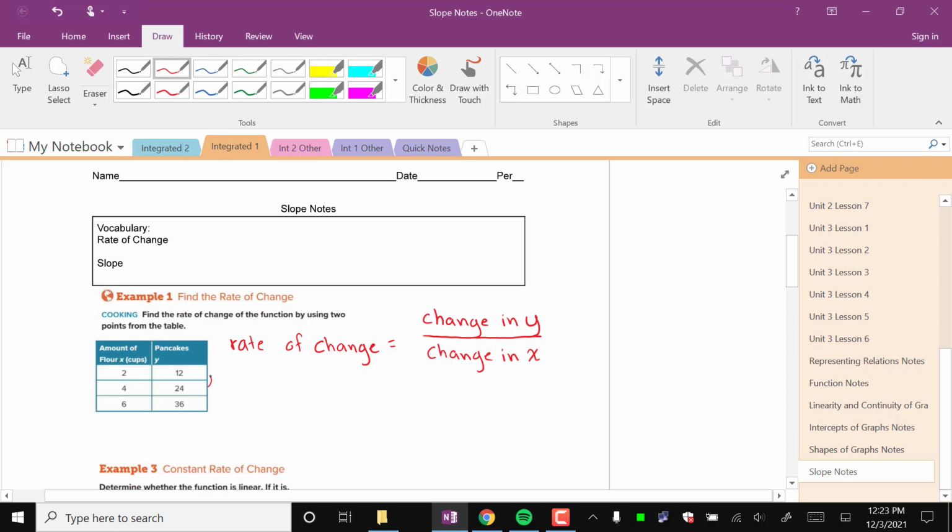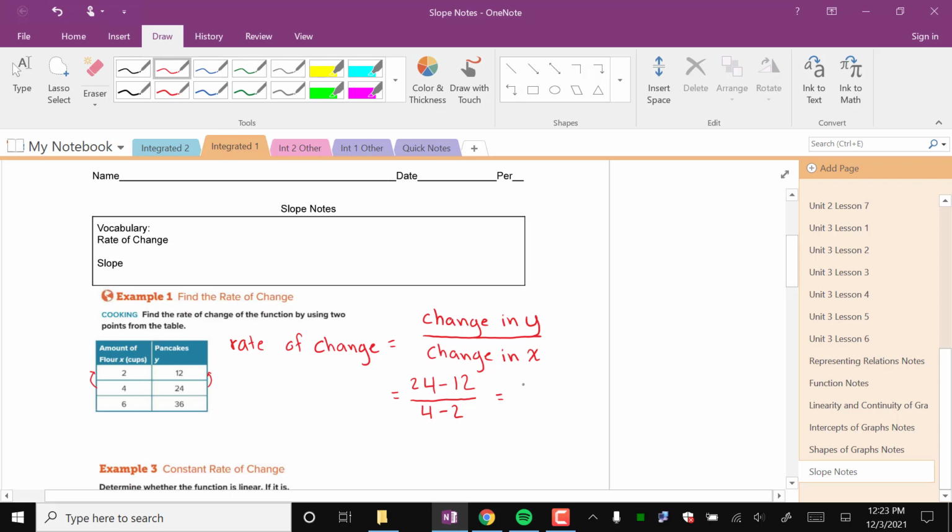So we're going to go 24 minus 12 over 4 minus 2. The change in my y value is 24 minus 12, and the change in my x is 4 minus 2.